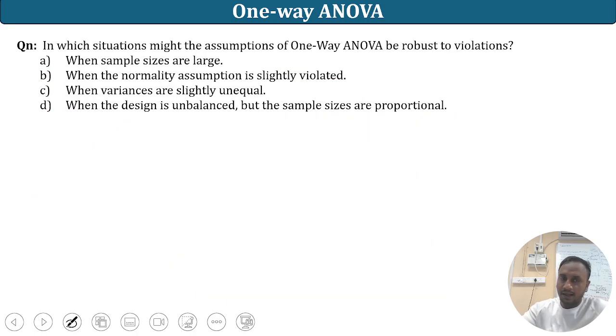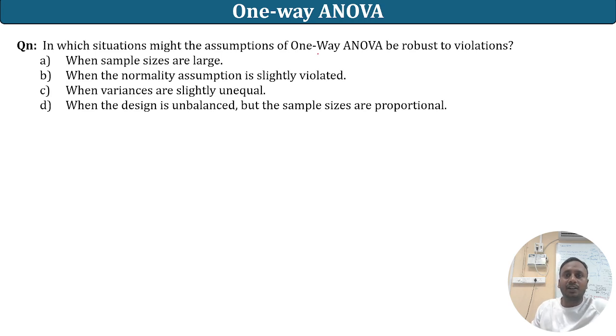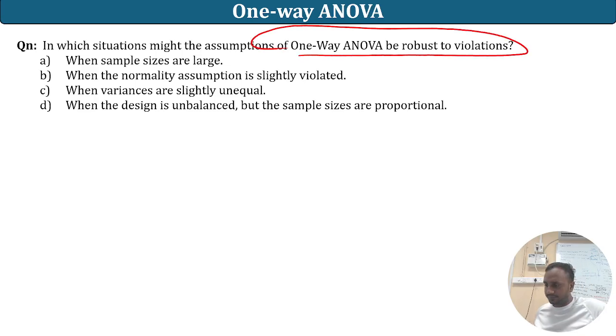Yes. Last question we have. In which situation might the one-way ANOVA assumptions be robust to violation? When the sample size is large, it's good enough. It's going to increase the power of the test. When the normality assumption is slightly violated, yes.